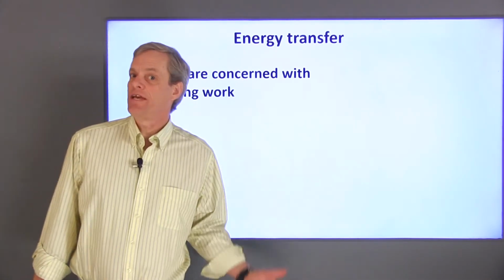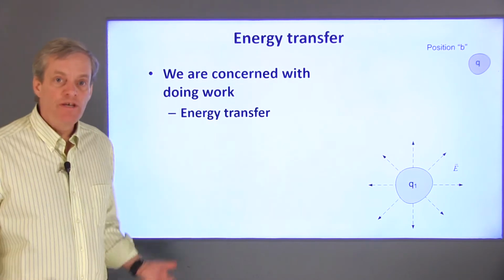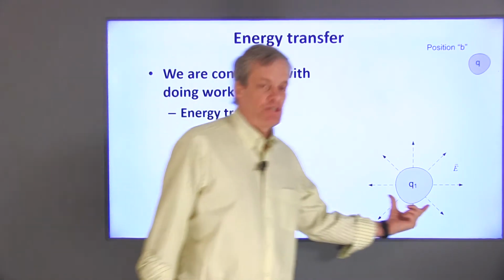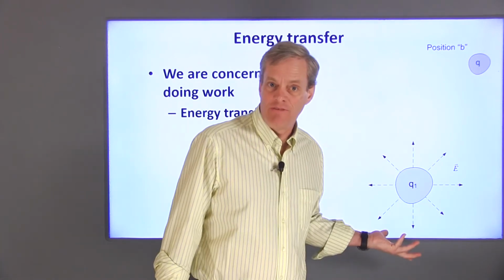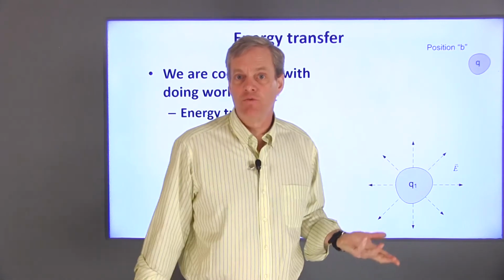As engineers, we tend to be concerned with doing work, which is just a form of energy. Moving a charge in an electric field results in energy transfer. Suppose we have a charge Q1 that creates an electric field, and we place another charge Q at a distance B away from Q1.